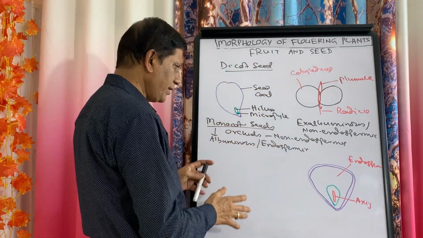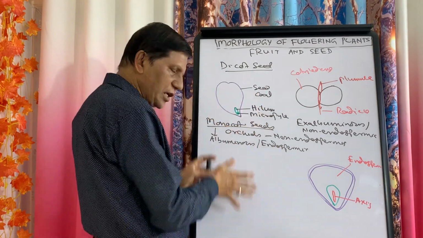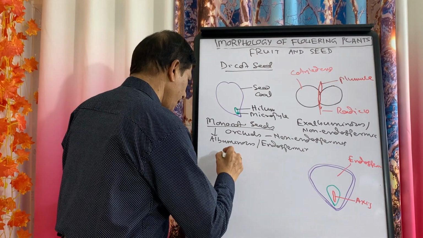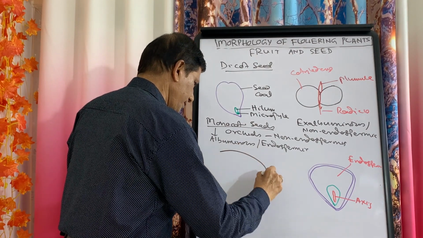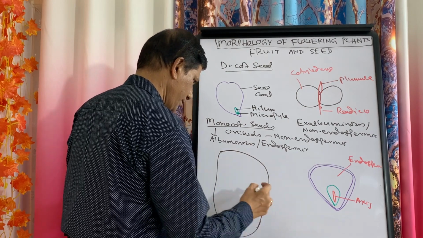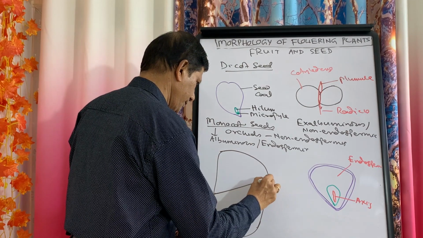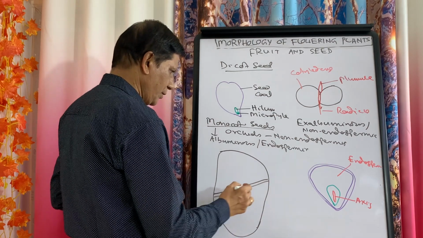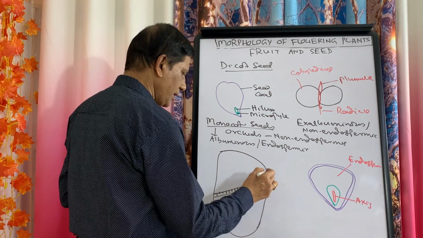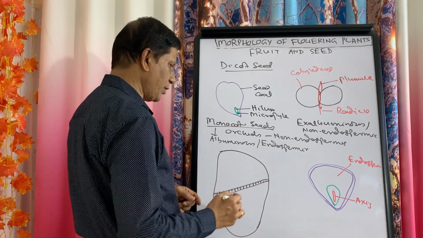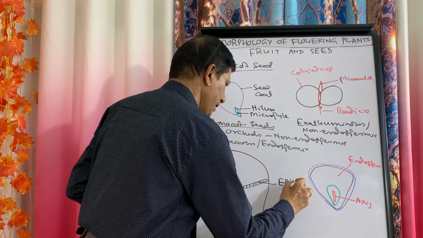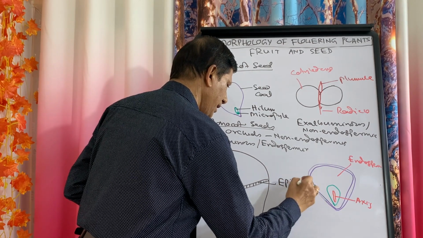Now if you draw it in a longitudinal section, you see how it looks. This layer separates the cotyledon and axis part from the endosperm. This is known as the epithelial layer.